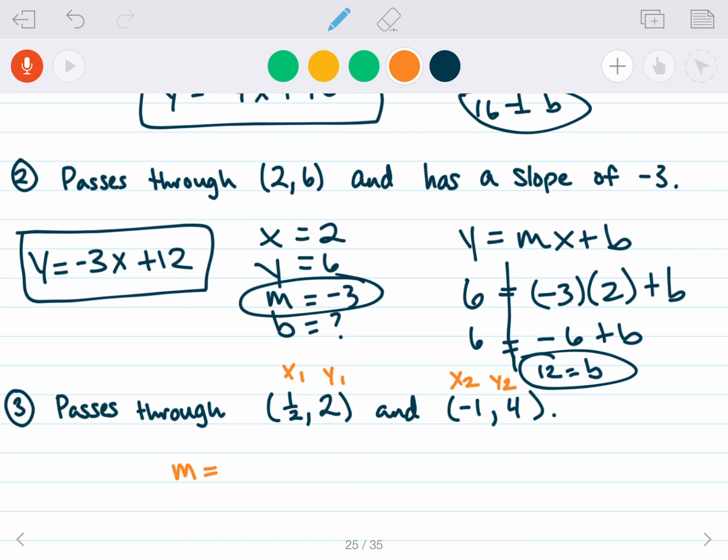So our formula tells us y2 minus y1 over x2 minus x1 is the slope. Plugging our numbers in, we get 4 minus 2 over negative 1 minus a half. Okay, on top, 4 minus 2 is 2. Negative 1 minus a half is negative 3 halves.